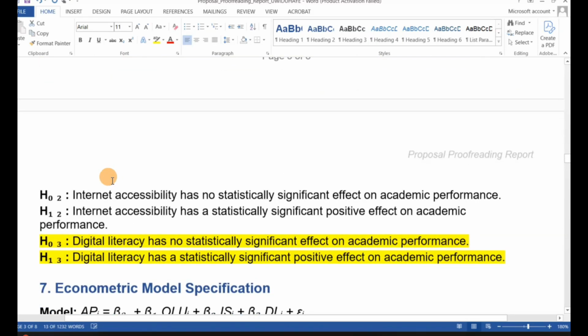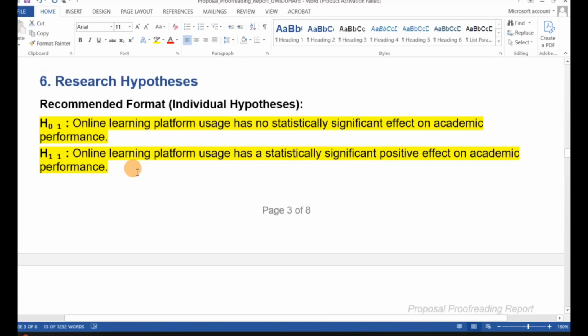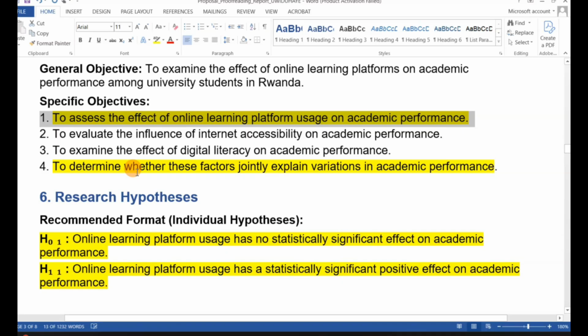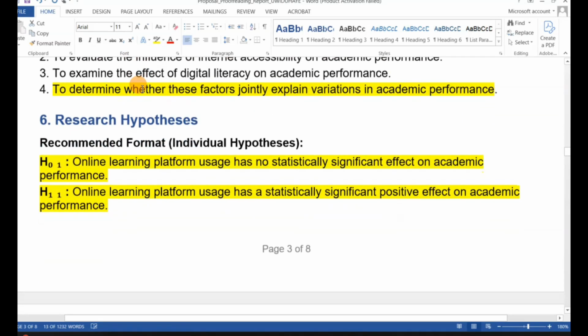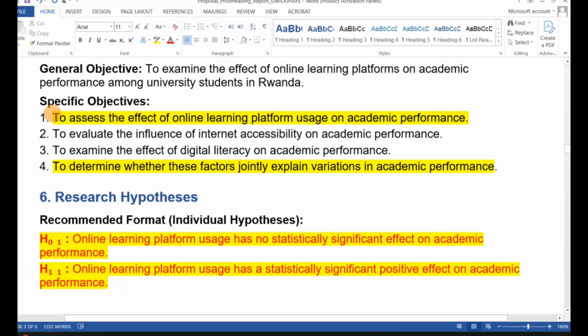Let us look at the hypothesis that is in line with the first objective. It will be the first. She will be using the first one to confirm this objective because it is very essential. It's what she intends to look at, right?